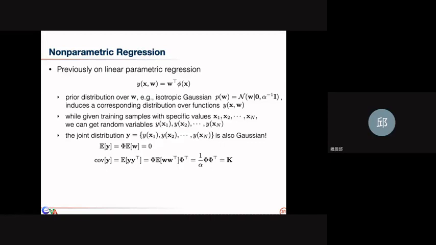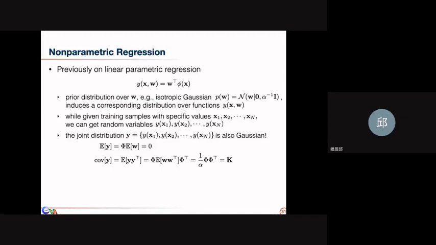Okay. So now when I put a prior distribution on my model parameters, and then given the training samples x1 to xn, we can get different random variables.